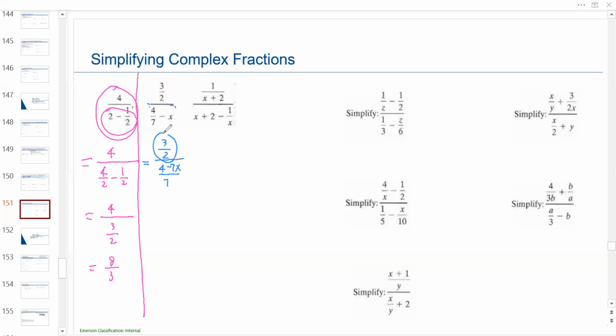So right now you can see a rational expression divided by another rational expression. So now we need to change this divide to what? To multiply, right? So this part needs to flip over, right?